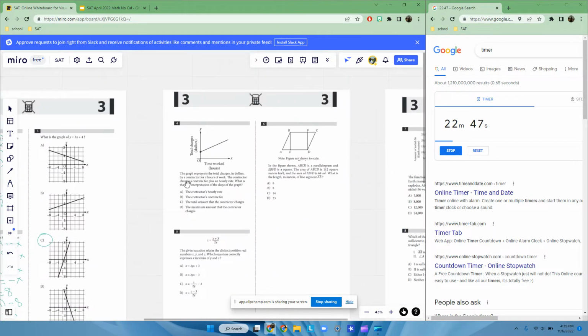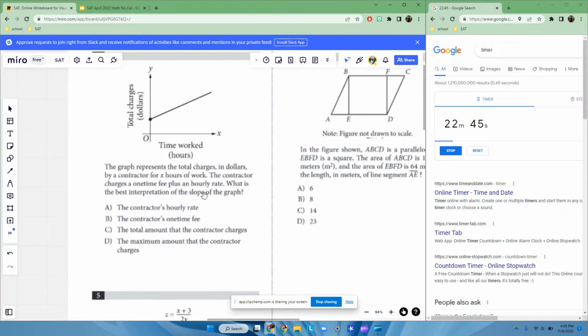Okay, next problem. The graph represents the total charges in dollars by a contractor of x hours of work. The contractor charges a one-time fee plus an hourly rate. What is the best interpretation of the slope of the graph? All right, so we have a flat fee considering the fact that our y-intercept is not the origin. It's a different y-intercept, we don't know that.